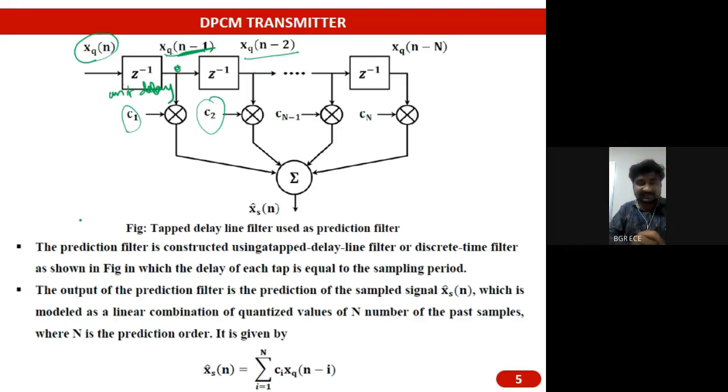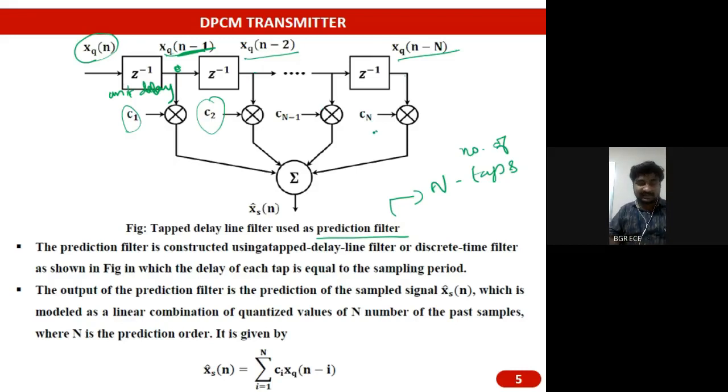And we are considering here that this prediction filter consists of n number of taps. Then the output of the nth tap is xq of n minus n. And each tap is weighted with some coefficient C1, C2 and up to Cn.